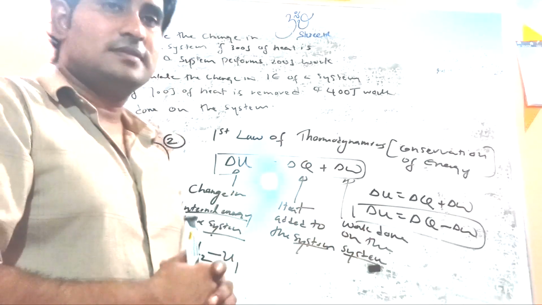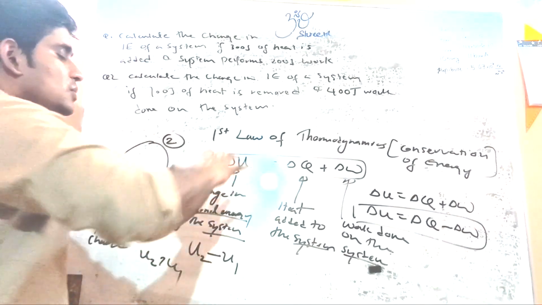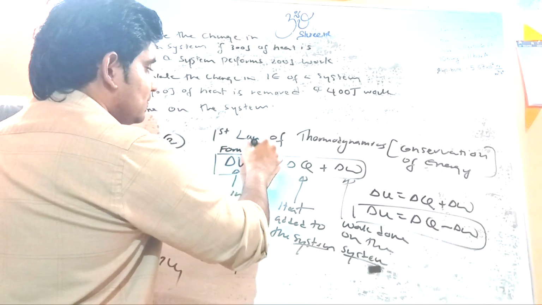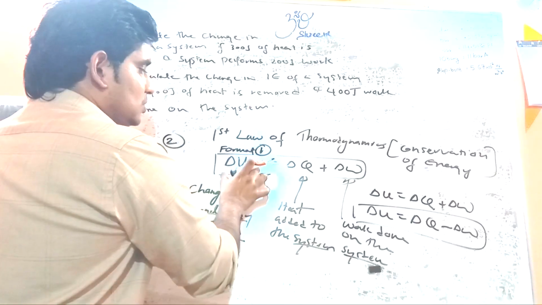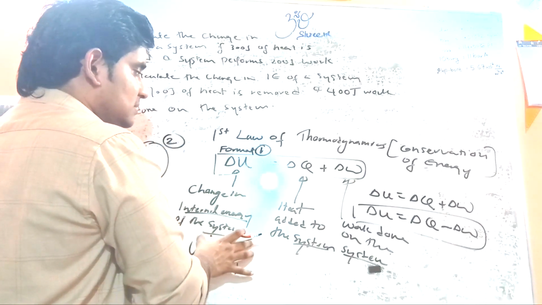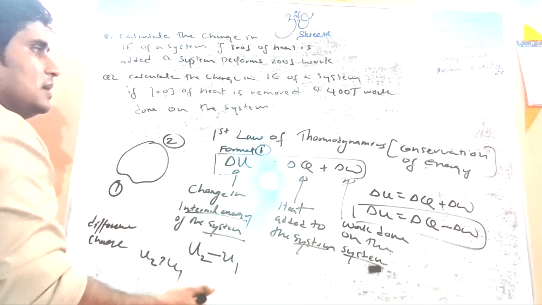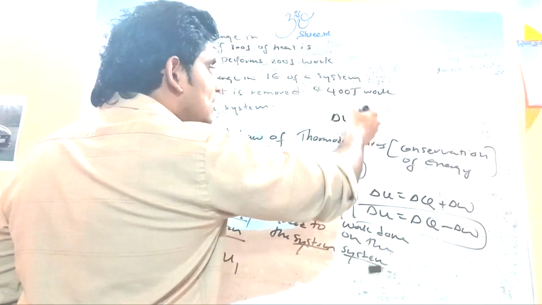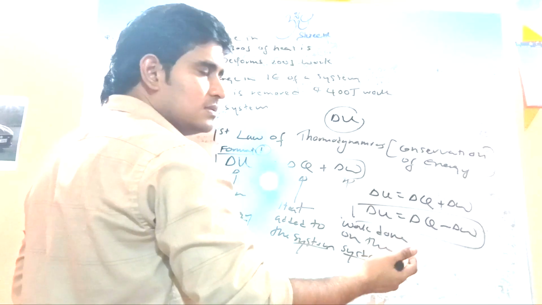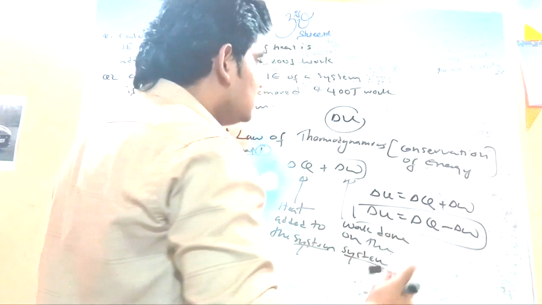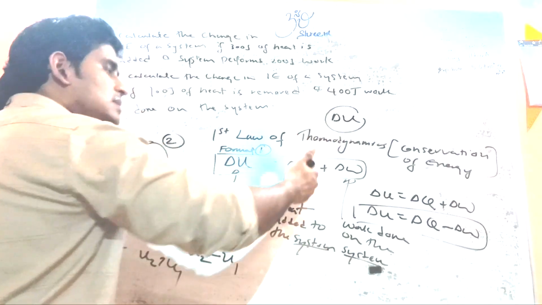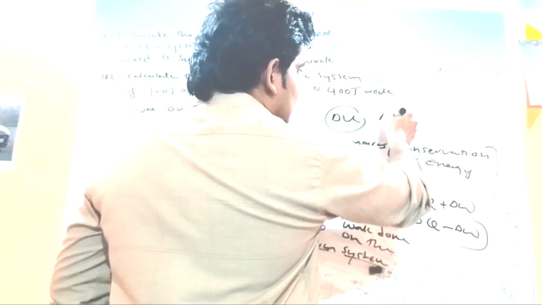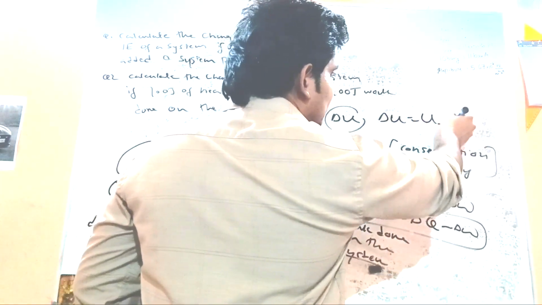Now if you are going to use format 1, delta U, the change in internal energy of a system, is written as delta U equals U2 minus U1.